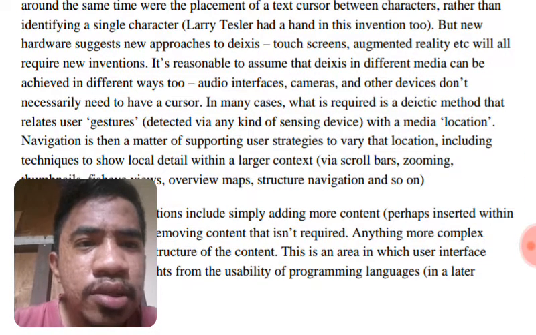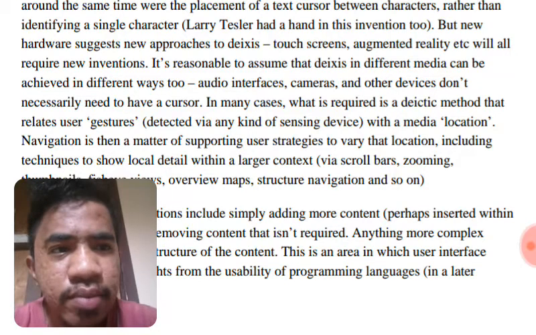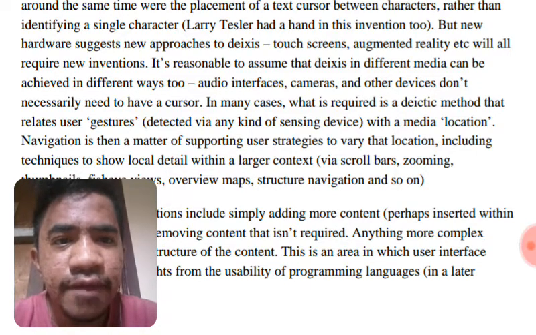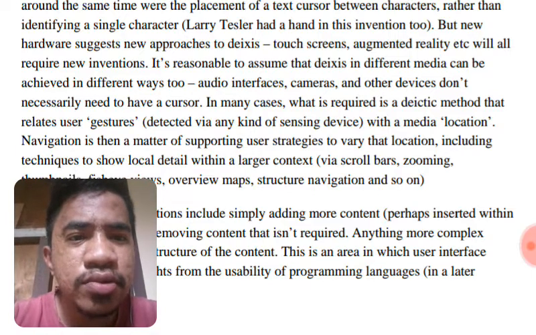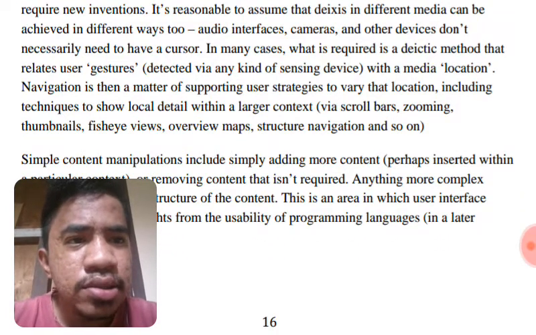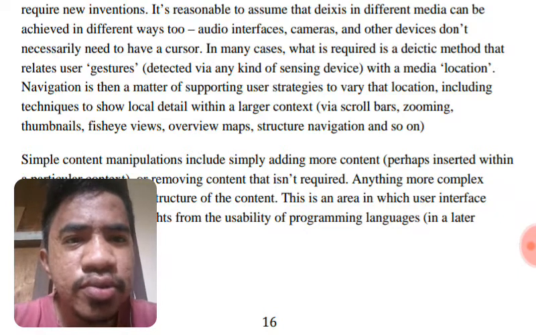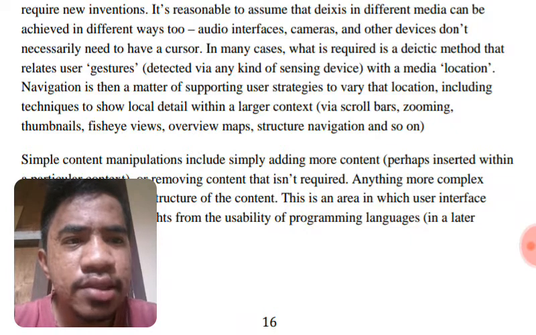It's reasonable to assume that DXs in different media can be achieved in different ways too. Audio interfaces, cameras, and other devices do not necessarily need to have a cursor. In many cases, what they require are methods that relate user gestures, detected via any kind of sensing device, with a media location.